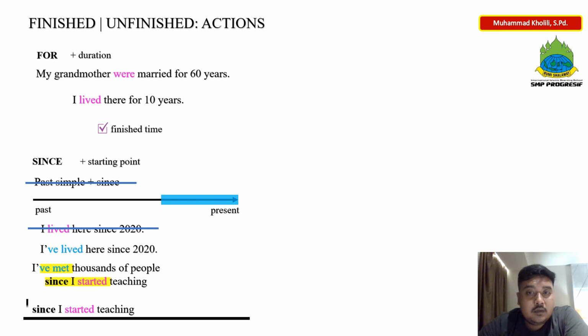Let me give you the same sentence, but I will change it around a little bit. I have met 1,000 people since 2020. I have met 1,000 people since 2010. The same sentence, but I'm just using different vocabulary.